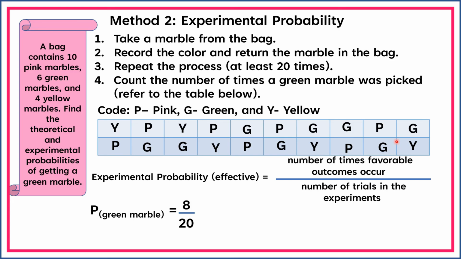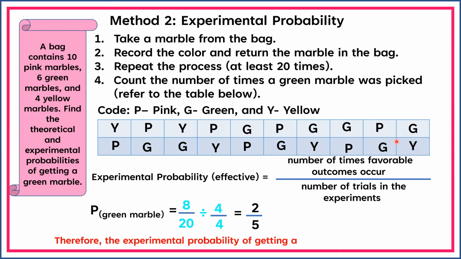Then we're going to reduce 8 over 20 to its lowest term by dividing both numerator and denominator by 4. So 8 divided by 4 is equal to 2. 20 divided by 4 is equal to 5. Therefore, the experimental probability of getting a green marble is 2/5.